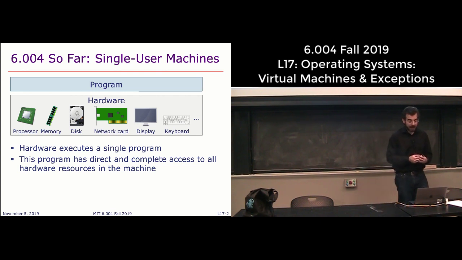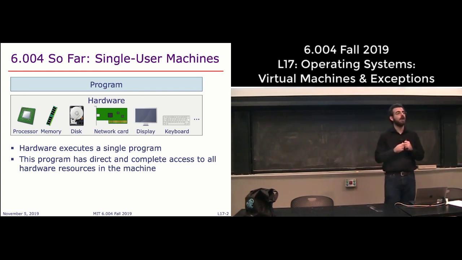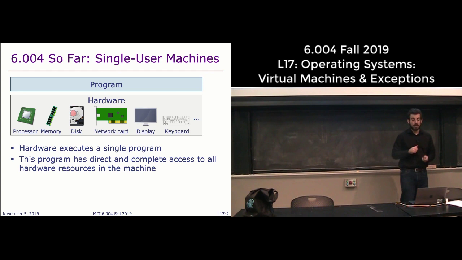And this program has complete access to all the hardware resources. So remember back to lecture 4, for example, we looked at MMIO, memory mapped I/O, and you saw how by writing to some special memory address, you could actually make the display output things, right? Or you could read the contents of the keyboard, what key was currently pressed. This is not at all how most systems work, right?